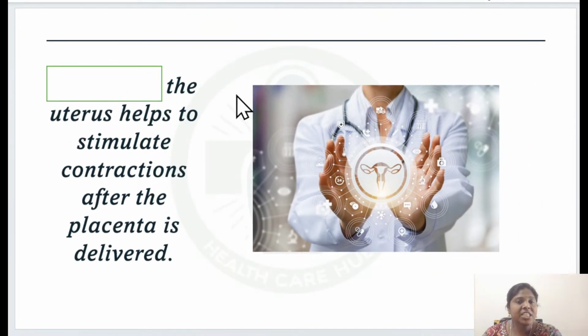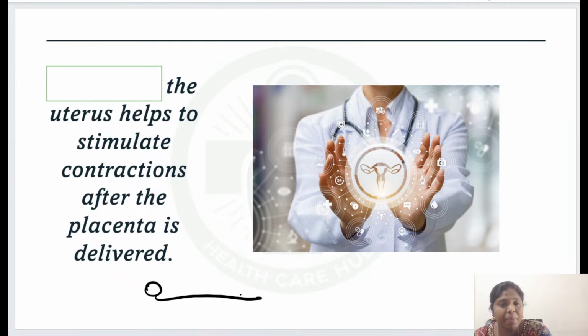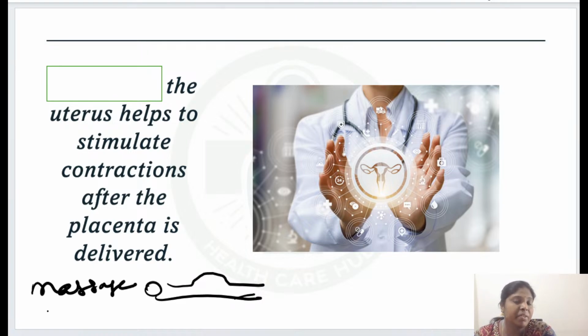Then dash to the uterus helps to stimulate the contractions after the placenta is delivered. So once the placenta is delivered, what will we do to the abdomen? Are we going to massage the abdomen, or will we tell the mother to take rest?